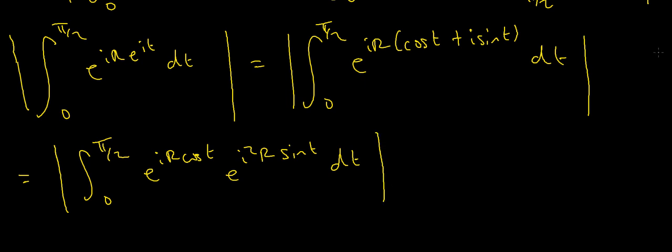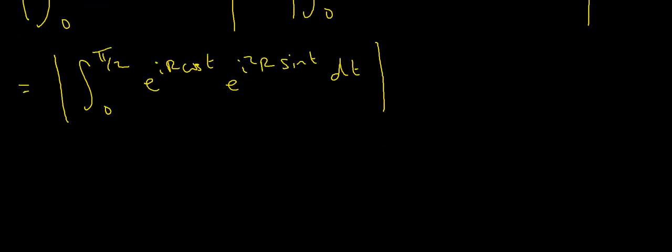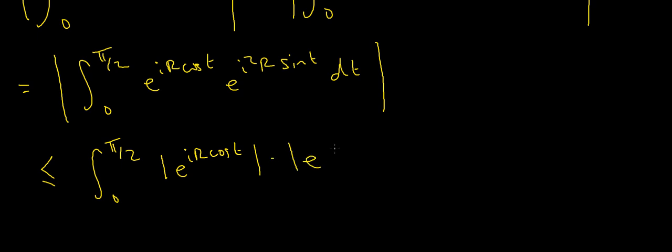Now what I'm going to do is use the triangle inequality for integrals, which basically says I'm allowed to bring the absolute value signs inside the integral. So this is less than or equal to the integral from 0 to pi over 2 of modulus e to the I r cos t times modulus e to the I squared r sine t, which is just e to the minus r sine t, because I squared is minus 1, dt.